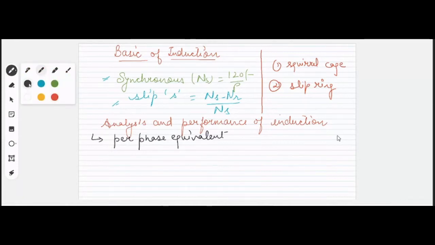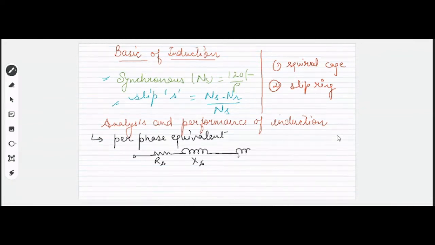As far as this per phase equivalent circuit is concerned, this represents the stator winding having the components stator resistance and stator reactance, along with the rotor side resistance and reactance. So if this is Xr dash and this is Rr dash by s, that is the rotor side resistance and reactance, right?